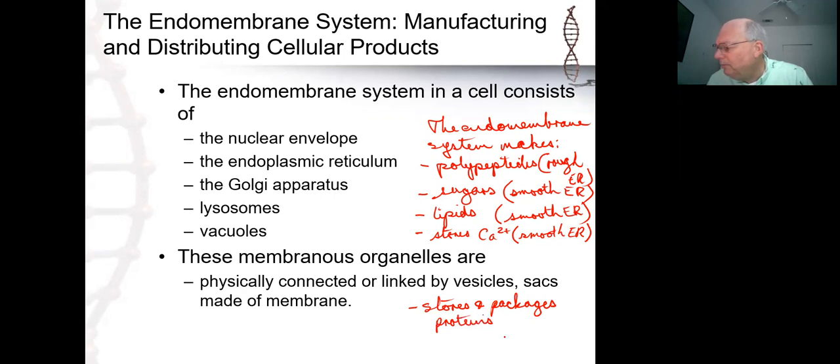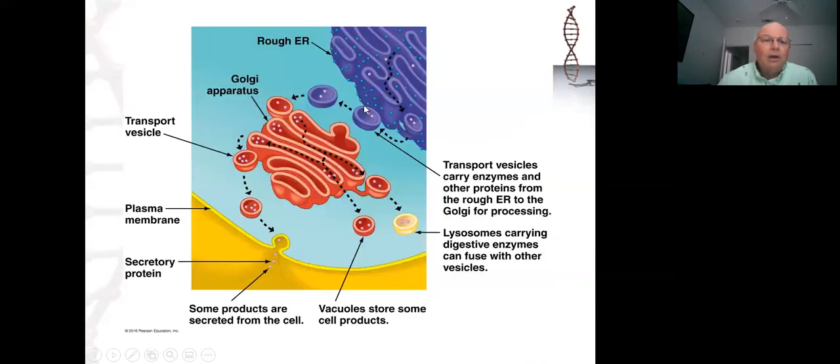And that's primarily the Golgi, but also the rough ER. So these are the various functions that are associated with the endomembrane system in terms of manufacturing, transporting, storage, modification. These are all things that we're going to see associated with the endomembrane system. So you can understand why this is an important system to come to grips with, because it's central to the way the cell makes things.